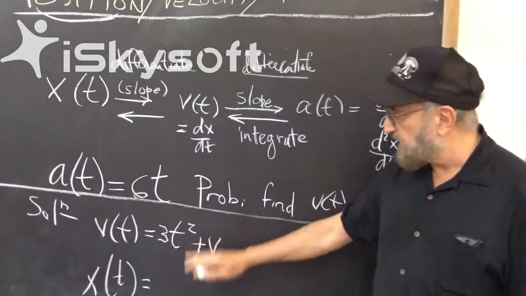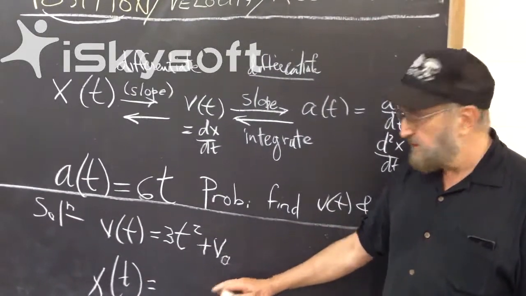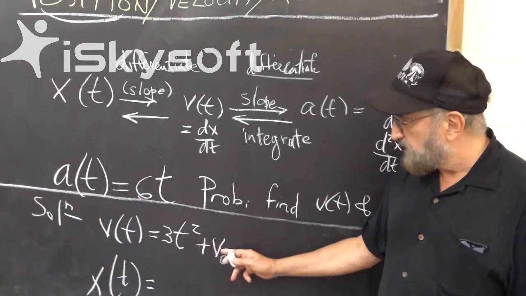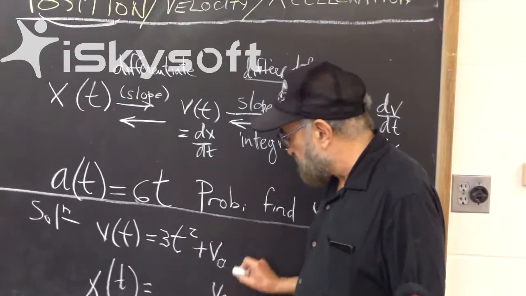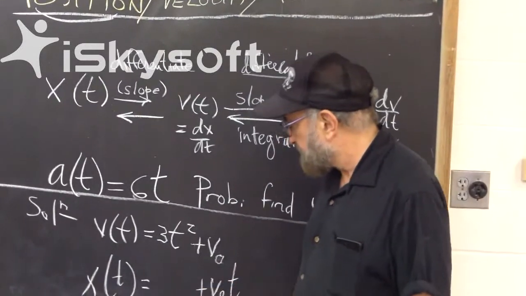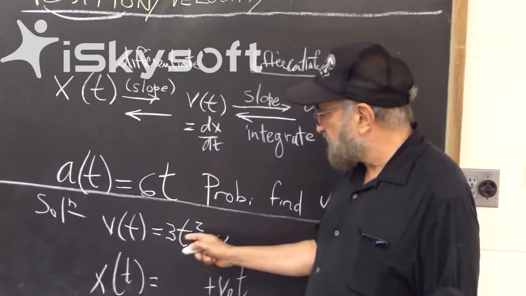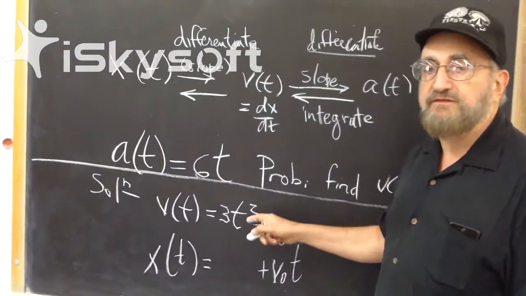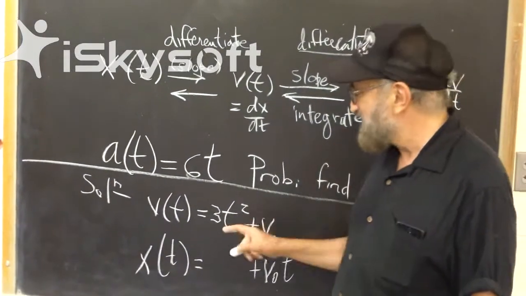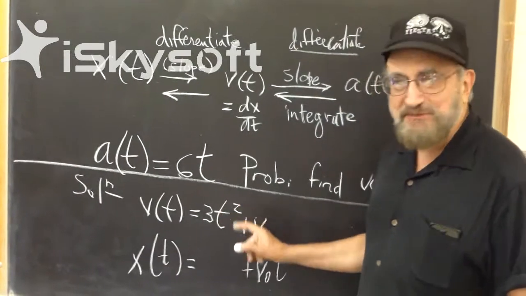We do the same thing again. v0 is the derivative of v0 times t. 3t squared must be something that involves a 6. I mean, whoops, giving away the answer, a t cubed.